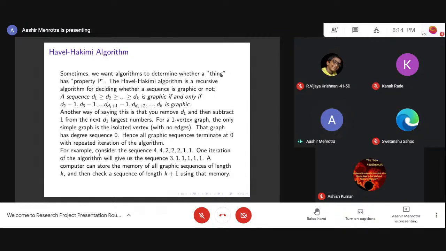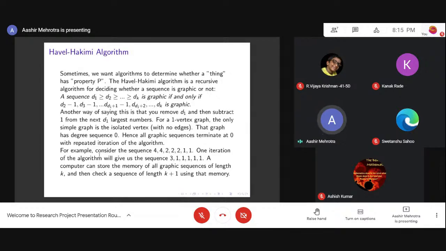The altered sequence is obtained by removing d_1 and subtracting 1 from the next d_1 largest numbers. For a one vertex graph, the only simple graph is the isolated vertex, which has degree sequence 0 because no edge is connected to it. Hence, all graphic sequences terminate at 0 with repeated iteration of the algorithm.